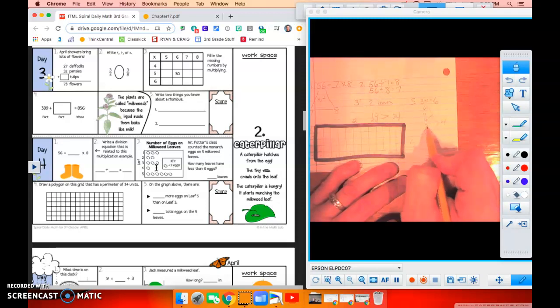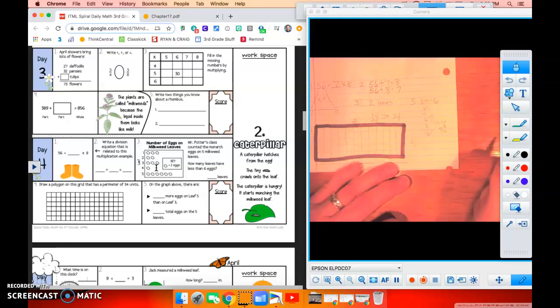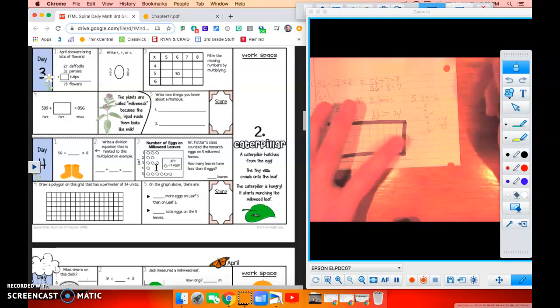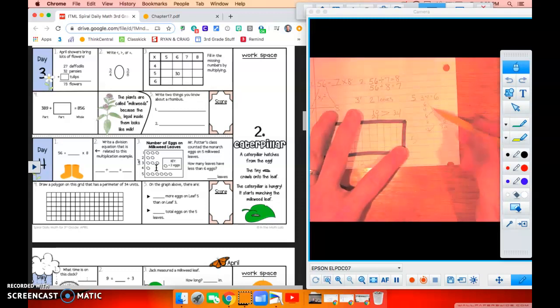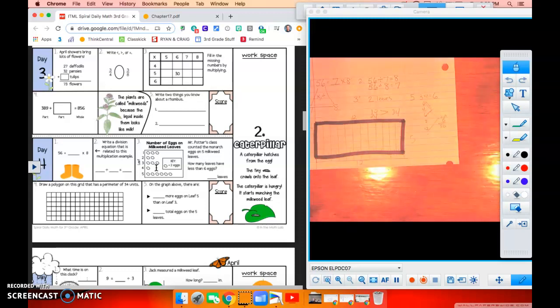Then 24 plus 6 is 30 eggs. That was the 4 plus the 2 is 6. So again, 6 plus 6 is 12, right? 12 plus that 12 is 24. And then the other 6 is 30. So 30 total eggs on the 5 leaves.